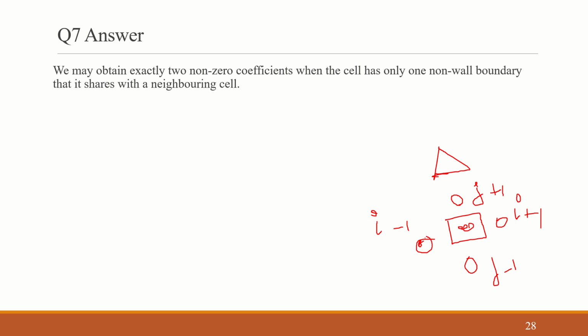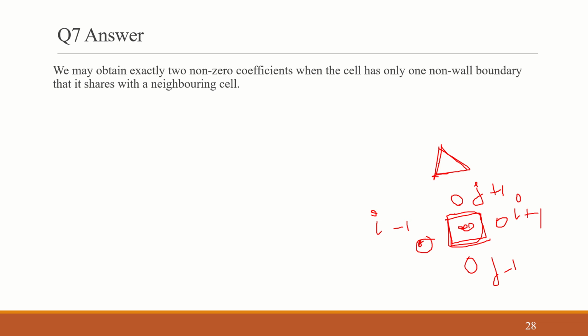Now when will it have 2 non-zero coefficients? That particular cell itself will have 1 non-zero coefficient, and it should have only one more non-zero coefficient that comes from the neighbor cell. So only one side should be open to the other cell. It can be in the x direction or y direction, that doesn't matter. It can be that these three are walls and this is open to a neighbor cell, or in this case two are walls and it is open to neighbor cells.